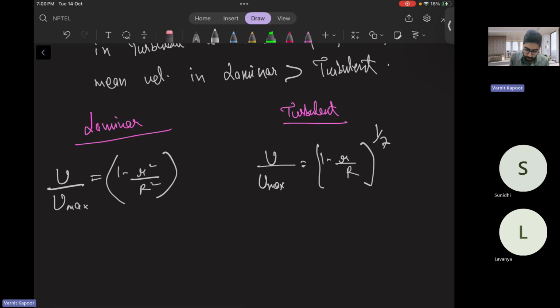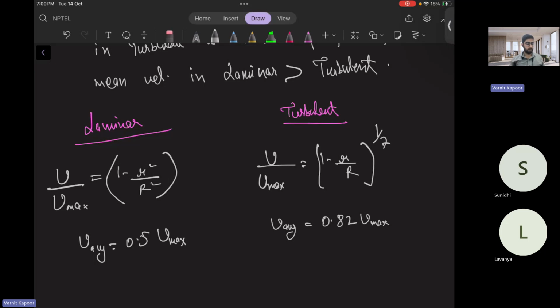So here, U mean or U average is 0.5 times Umax. But in the turbulent case, U average is 0.82 because variation is less, so it's more near the Umax. Okay. Momentum correction factor is required for the impulse momentum equation which we derived in the last tutorial, whereas the kinetic energy term comes in the Bernoulli equation.